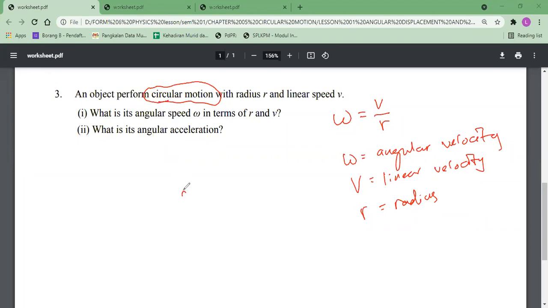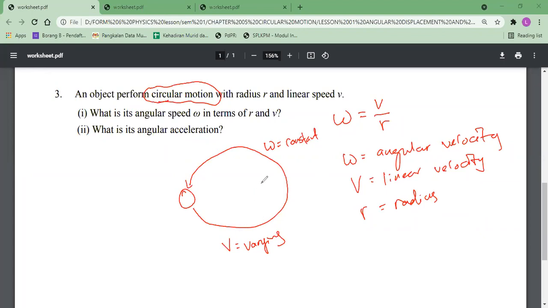An object is moving in a circle with the angular speed constant, right? Velocity is varying, it changes. Why? Because of the change of direction.